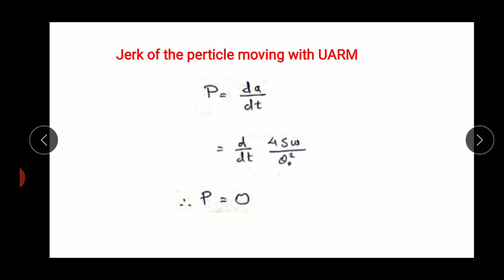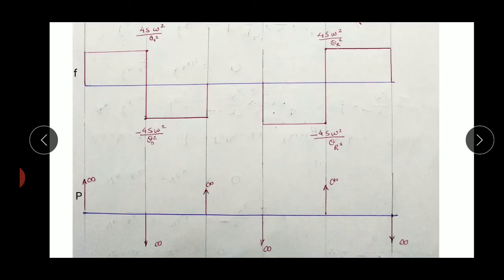But in actual practice, if you observe the graph over here, at the start of the outstroke, when there is no acceleration, no velocity, no displacement, suddenly we have a certain constant acceleration.